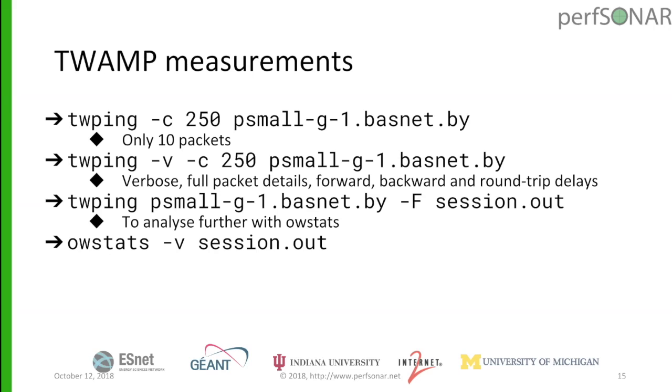And this will get you some information about the packets and the measurements that will happen. And if you want to see more output of that, you have the -v switch, which gives you verbose and full packet details of the forward and backward measurements and the round-trip delay.